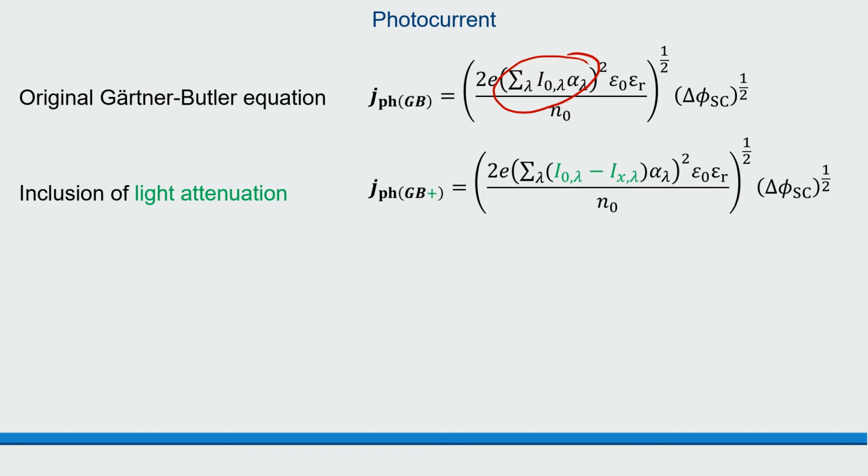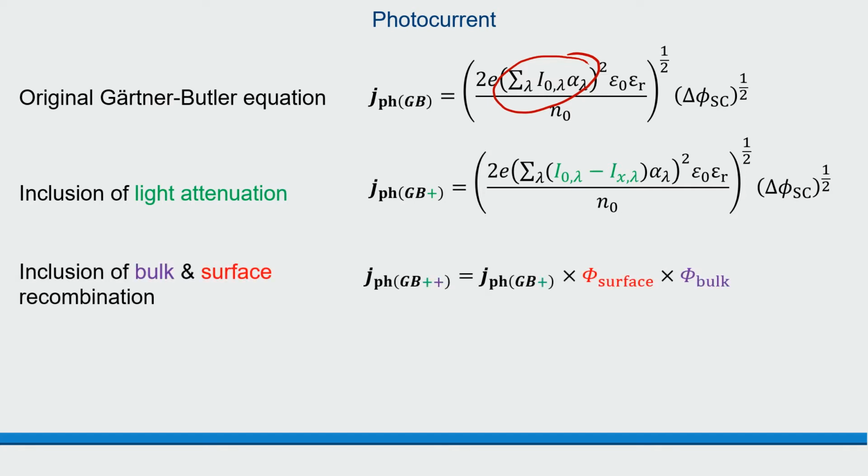So these components can include the electrolyte and the optical window, and the effects of these can be determined both theoretically and experimentally. So next, the corrections have to be made for the two efficiency terms that we discussed before, and these can both be determined experimentally. So the phi surface is the charge transfer efficiency.